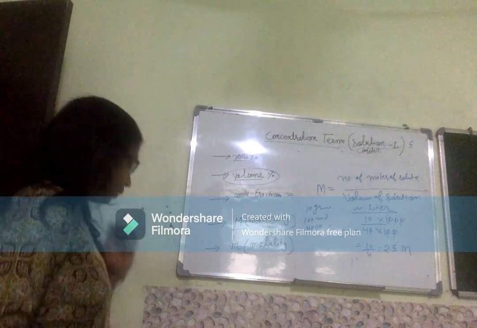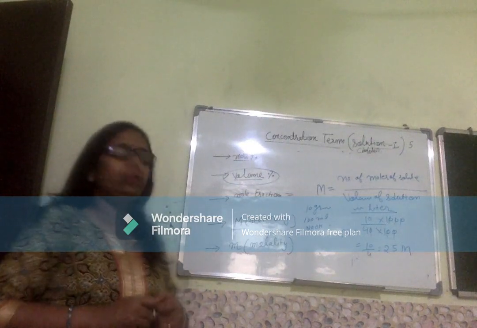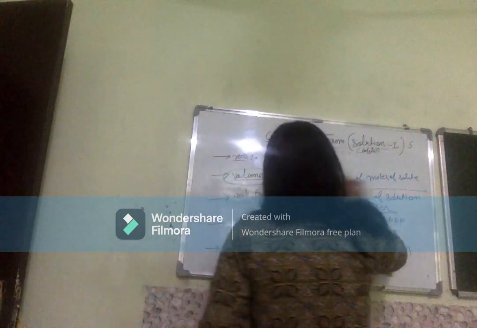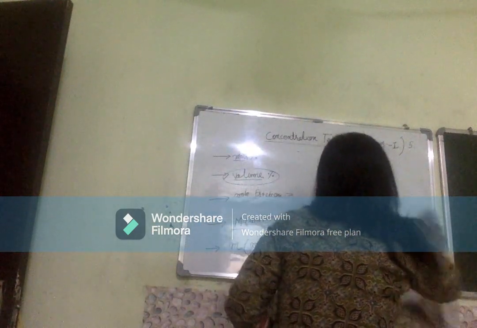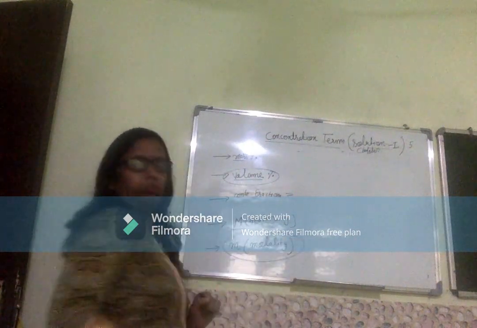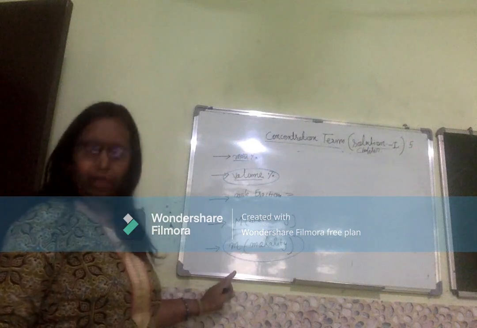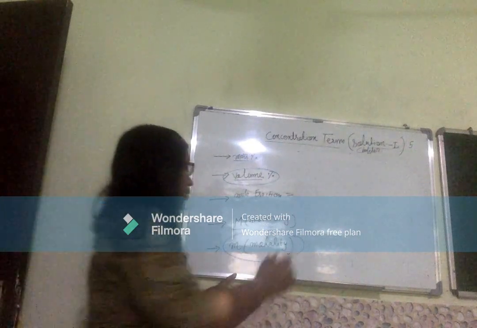Clear? Fourth is the small m, that is molality. Molality is denoted by small m. After capital M comes small m. Similar to capital M, which uses volume, small m uses the kg of the solvent.